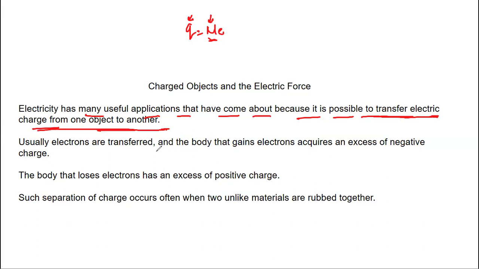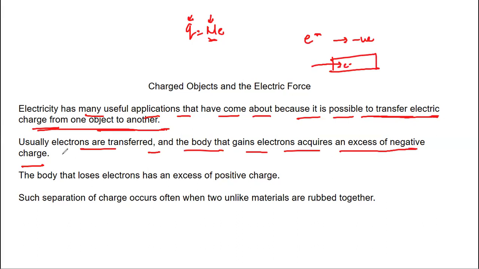Usually electrons are transferred, and the body that gains electrons acquires an excess of negative charge. As we began our lecture, we told you electron carries negative charge. Now, if there is a body and you are trying to put electrons on it, what type of charge are you putting there? Negative. Because when an electron comes into this body, it carries negative charge with itself. So negative charge is being accumulated, and this body will have an excess of negative charge.